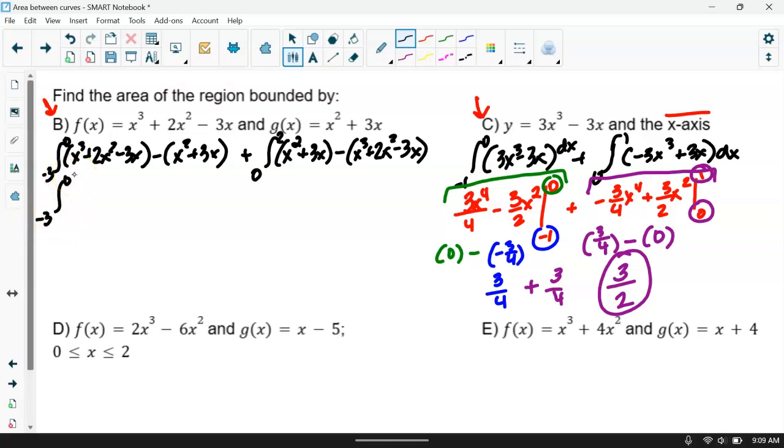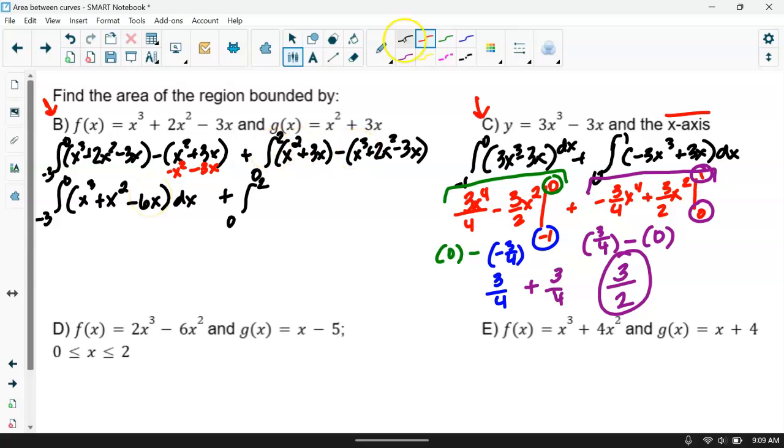So from -3 to 0, and then we're going to add to that what is now our simplified integral from 0 to 2. So here you should have x cubed plus x squared minus 6x with respect to x, because that's -x squared minus 3x. 2 minus 1, 1x. -3, -3, -6.